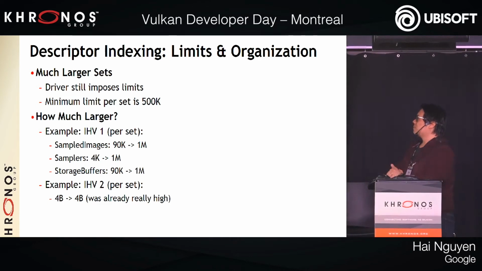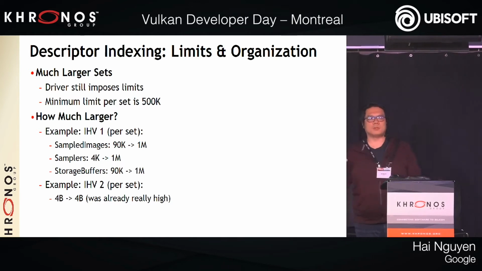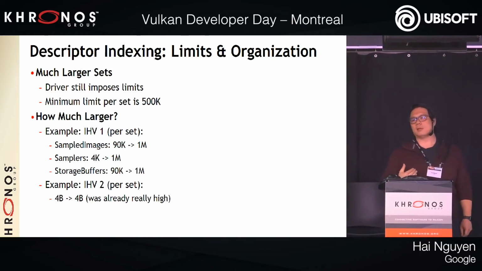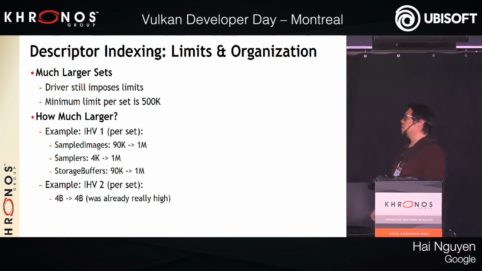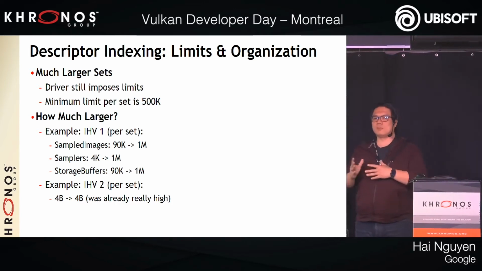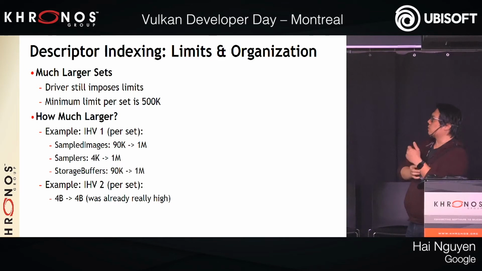Okay. All right. So descriptor indexing, the limits and organizations change just a bit. There are still limits imposed by the driver. They're just ridiculously big, and the minimum limit per set in the spec is 500,000. That means you can reference up to 500,000 resources inside your shader. Whether it's a good idea or not, we'll leave that up to the designers. And here's how much they increased for certain IHVs.